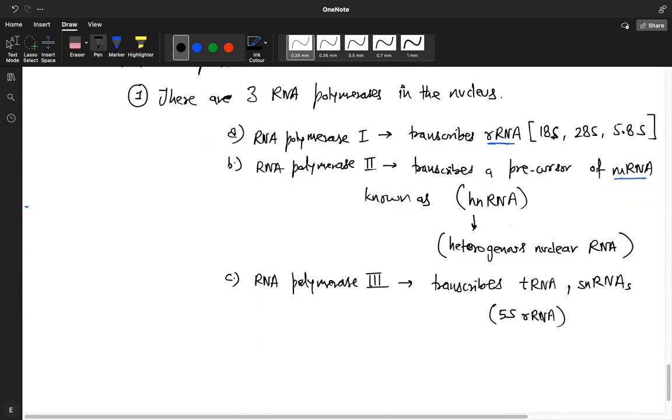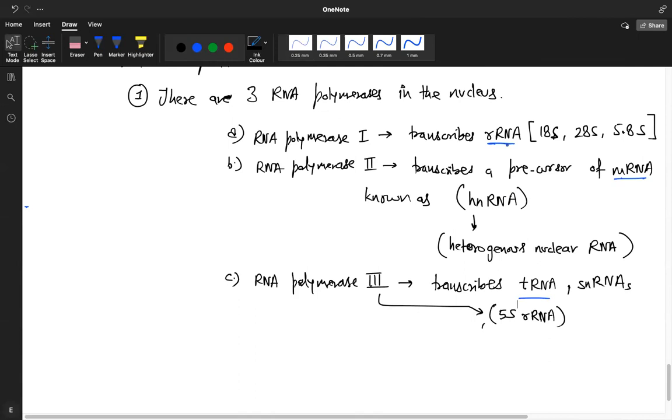This 5S rRNA is transcribed by polymerase 3, just an exception. Okay. Just to remember, if you can, it's good, but just remember these three things. Most important is, even if you forget the others, don't forget this one: mRNA, rRNA, and tRNA, because these three are important for the whole central dogma.